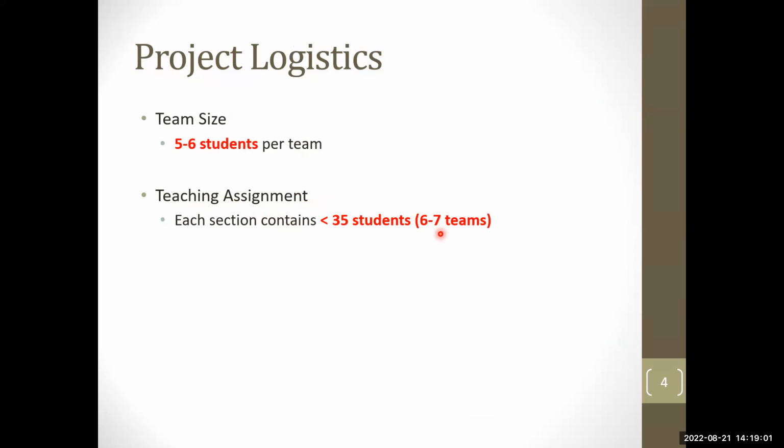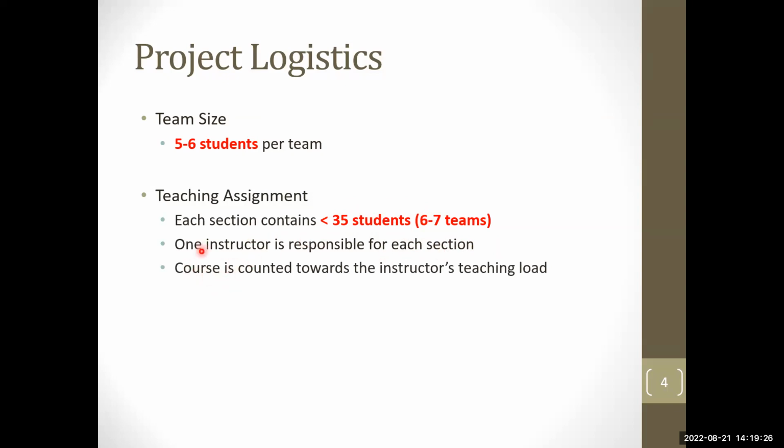An instructor can have 1 or more sections in a given semester, depending on the load, but there is at least 1 instructor responsible for each section. It varies. For example, this coming academic year, we already have 5 sections with about 35 students in each section. So that translates to maybe 120, 130 students. And it has been good news for us that over the years this course has been counted towards our teaching load, which I know in some cases is not done.